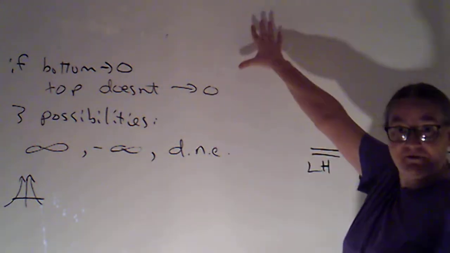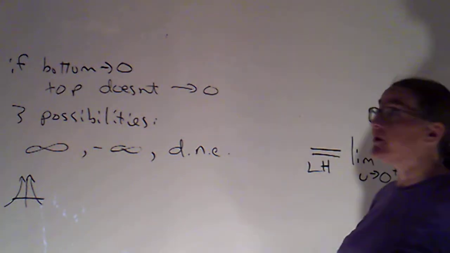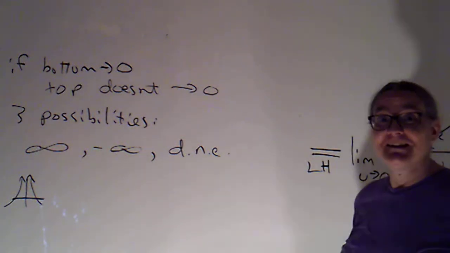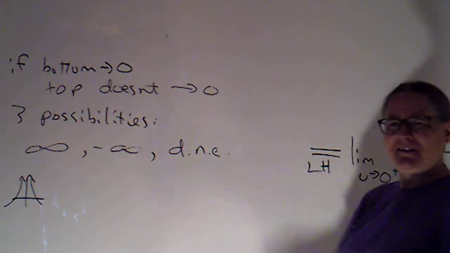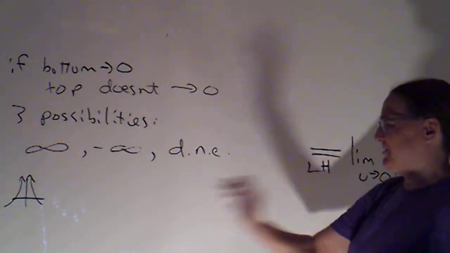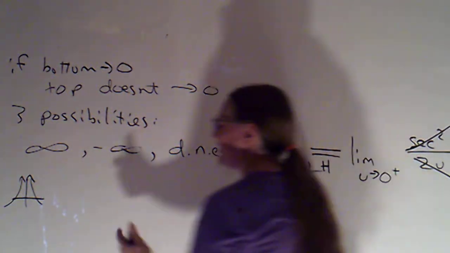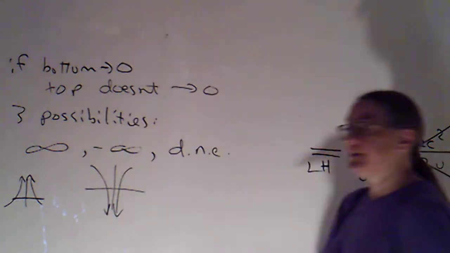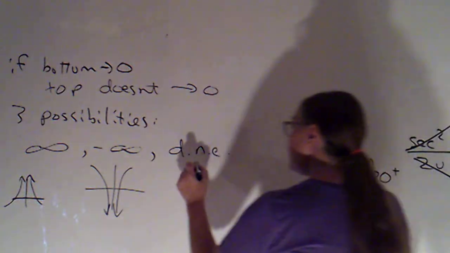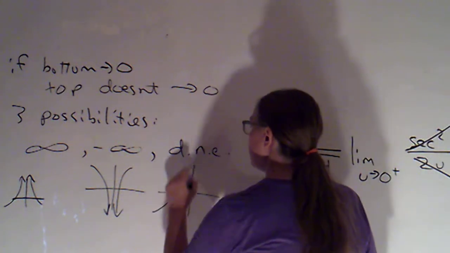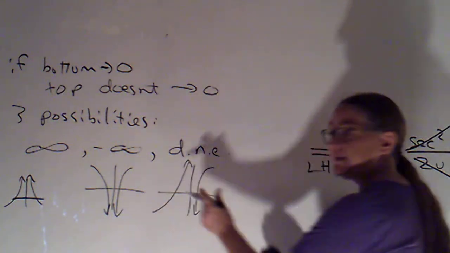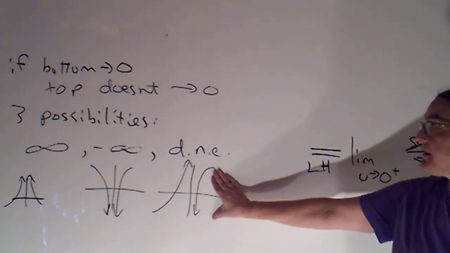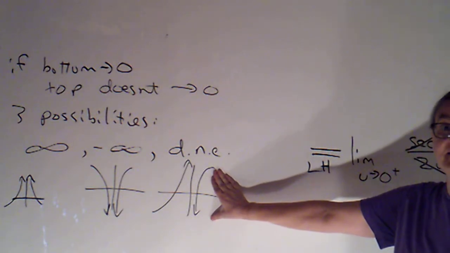I'm not graphing the function of more than one variable, although it's having the same behavior. So if it's going off to infinity, there would be a vertical asymptote. It just wouldn't be a two-dimensional graph like this. I could have that we go to negative infinity on both sides. I could have, when I have a vertical asymptote, that we go up on one side and down on the other. In a situation like this, the two-sided limit would not exist.